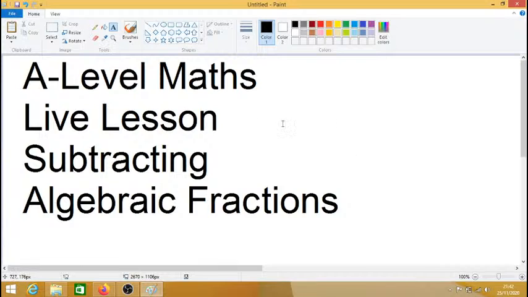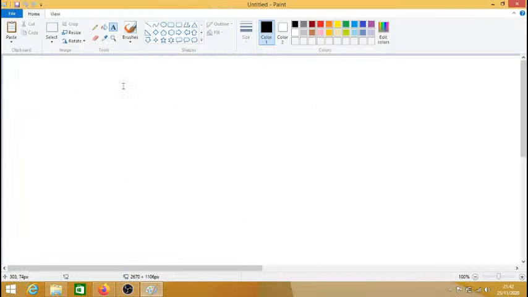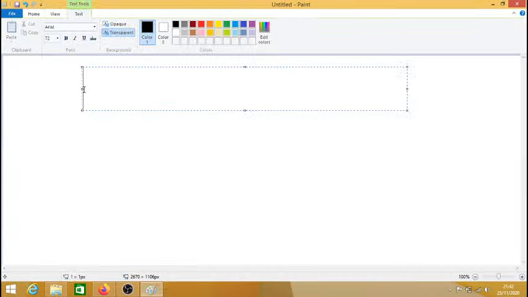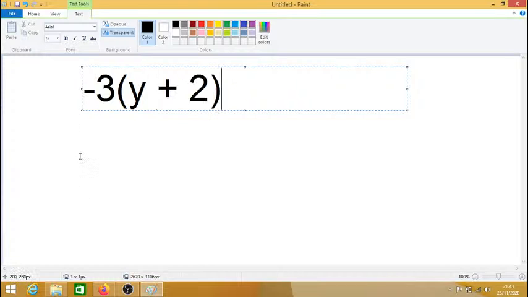Today it's the same method but subtracting the algebraic fractions. No need to really teach you a new method, but you do need to revise how to multiply out, expand brackets when there's a negative in front. So let's go with a couple of easy examples.